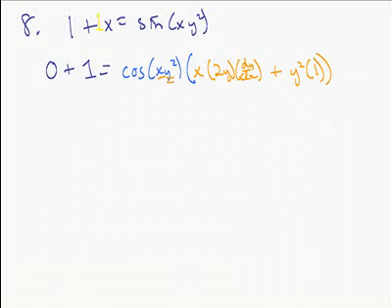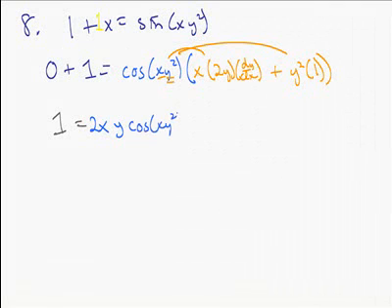Okay, so we've got to solve for dy/dx, but notice that dy/dx is stuck right here. So the first thing we're going to have to do is distribute that cosine of xy squared. We have just a 1 on the left side. On the right side we have 2xy times the cosine of xy squared dy/dx.